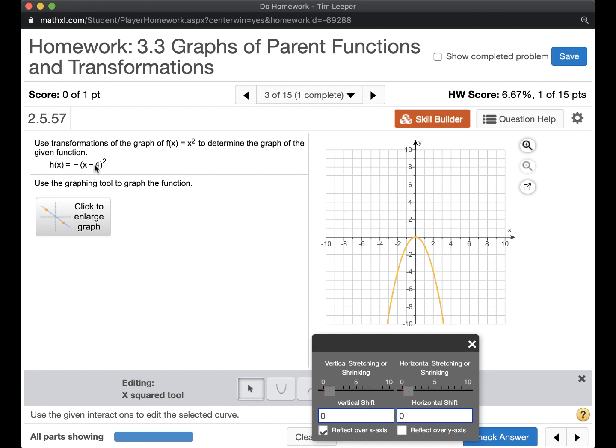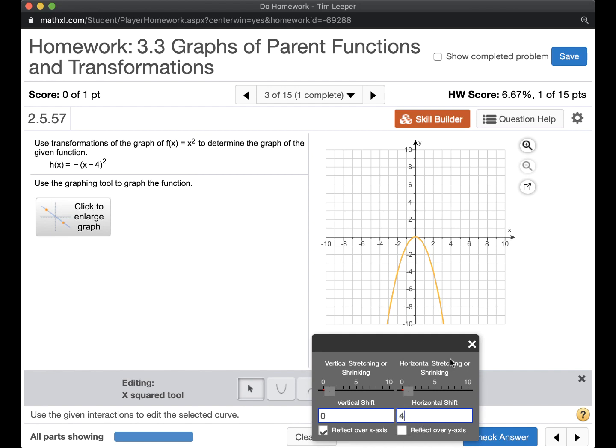Excellent. And then this minus 4 means we go right 4, which is a horizontal shift. Notice that the horizontal shift here is just a number. I don't know why it's just a number here. So just delete and then press 4.